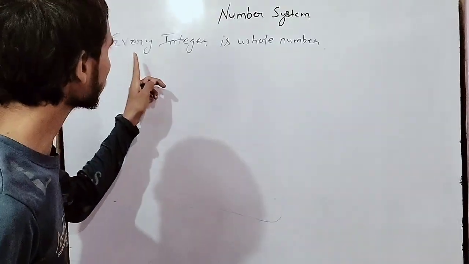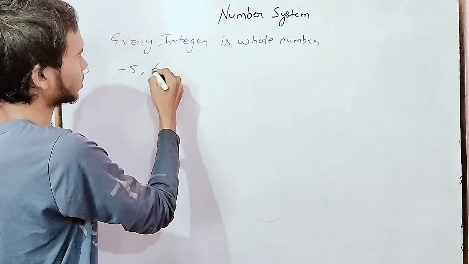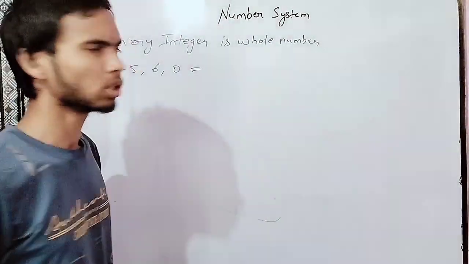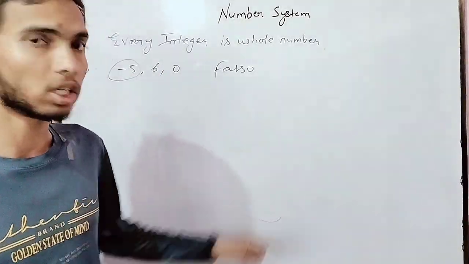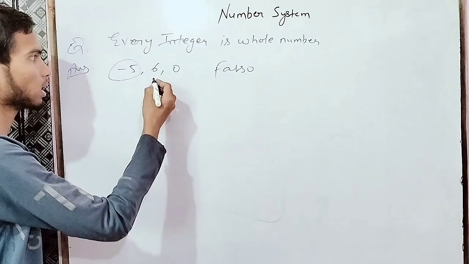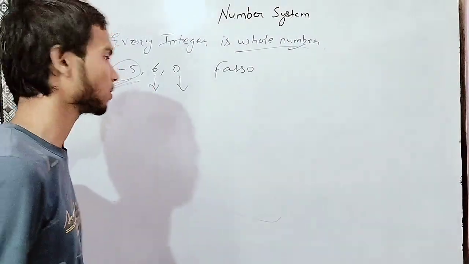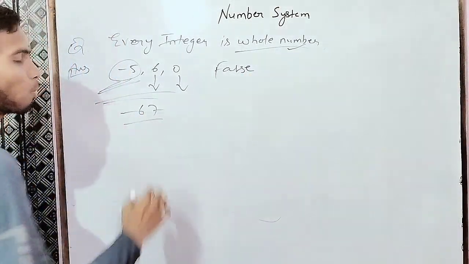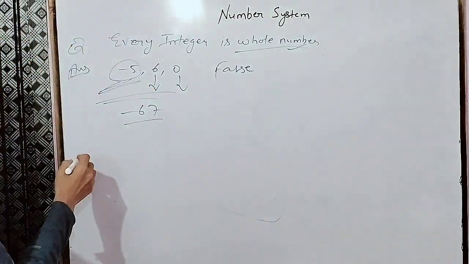Look, every integer, let's say 5, 6, even 0, is it a whole number? No, false, because -5 is not a whole number. Yes, 6 is a whole number, 0 is a whole number. Clear? But what about -5? -5 is not. Okay? -67 as well. So negative integers are not whole numbers. That's why this statement is incorrect.